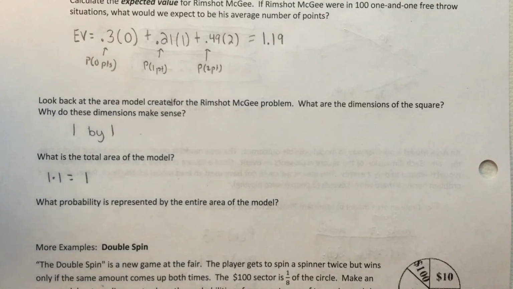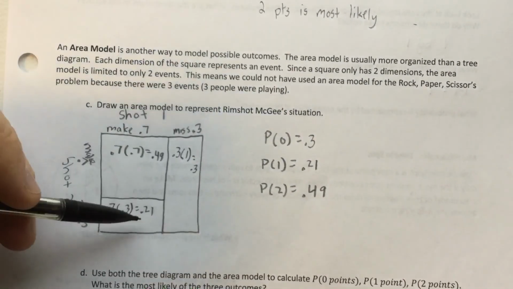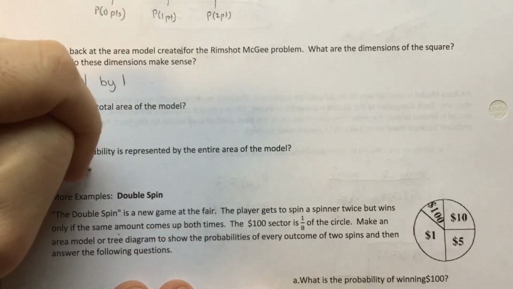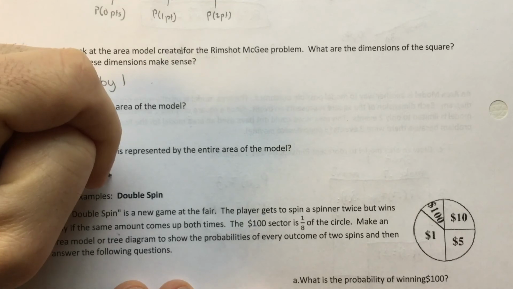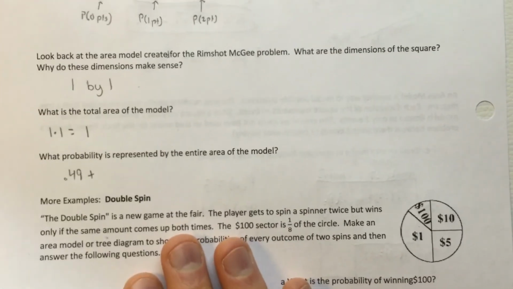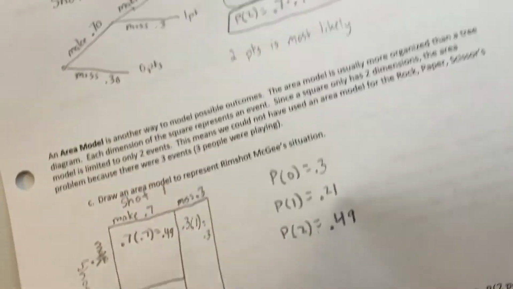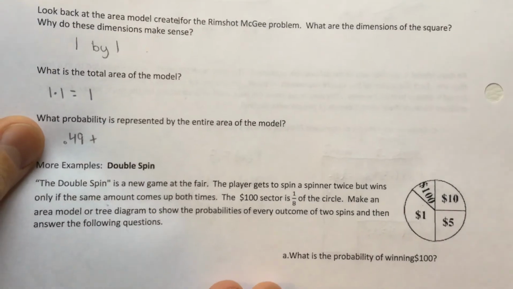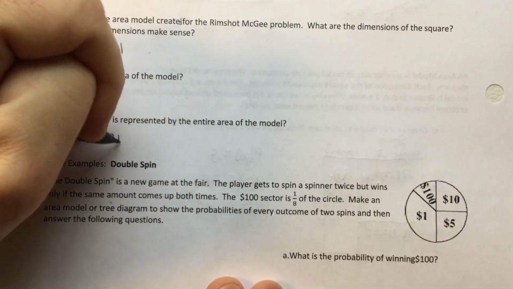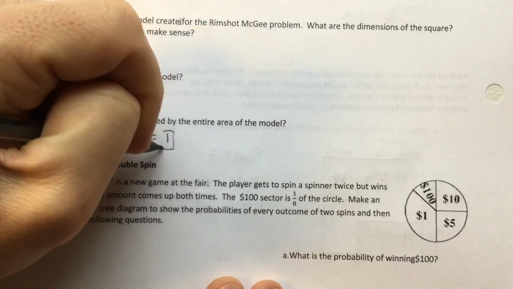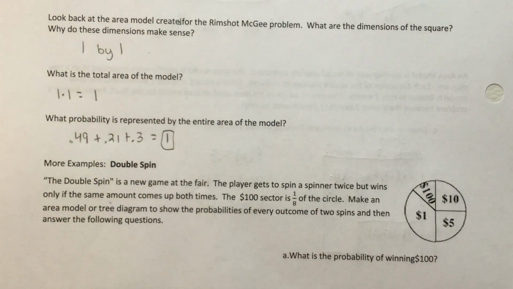And then it says what probability is represented by the entire area. Well, if we look at this, we'd have 0.49 plus 0.21 plus 0.3, which is equal to 1, which makes sense because probability always has to be out of 1.